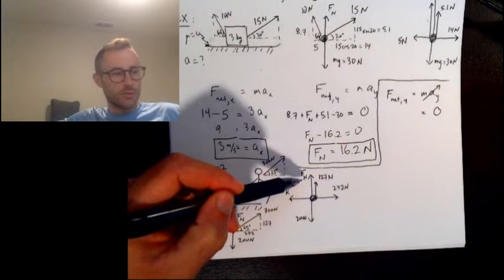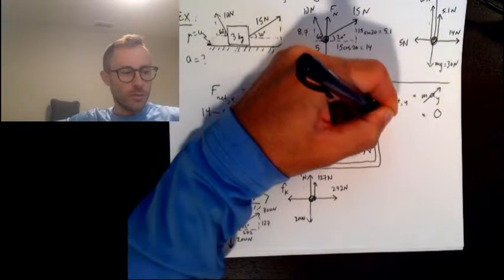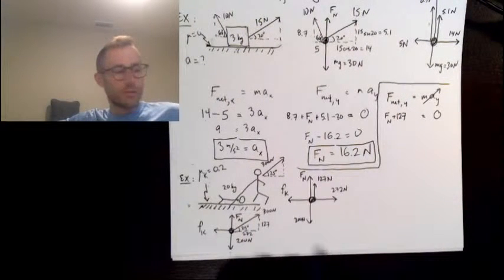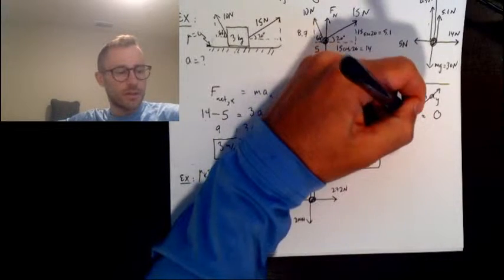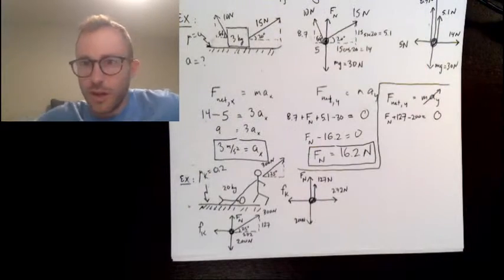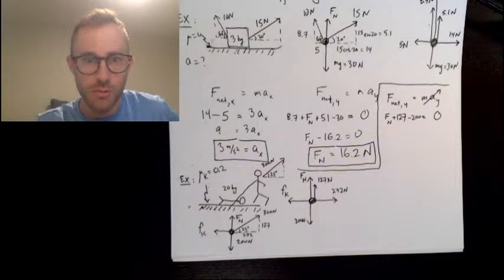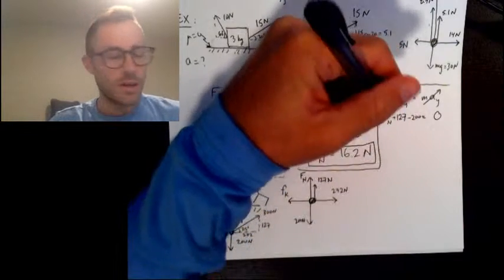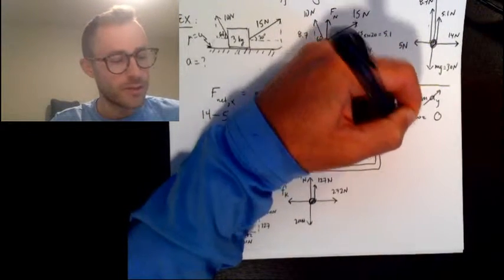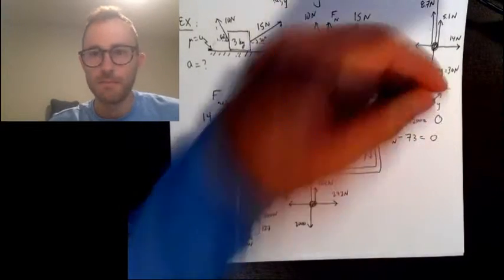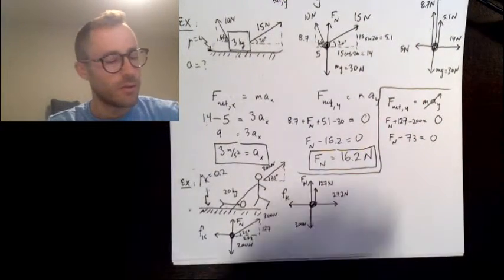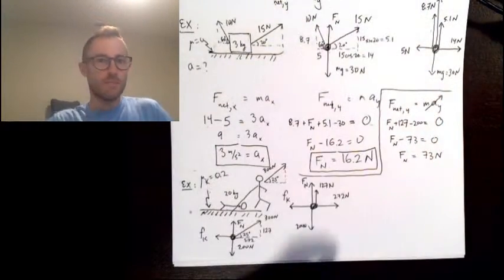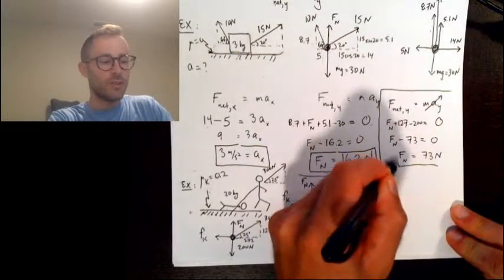So up forces would be normal force and 127. Downward forces are 200. You're only putting 2 of the forces in. You've got to put all 3. One of the forces is just a variable. So we have normal force minus 73 equals 0, which says that the normal force is 73 newtons in this case.